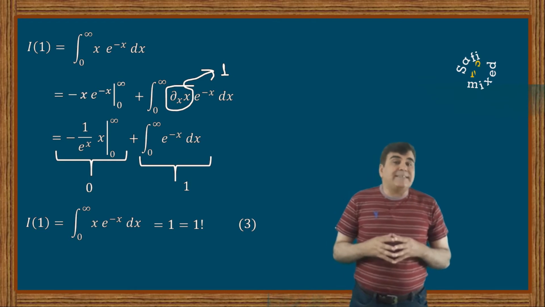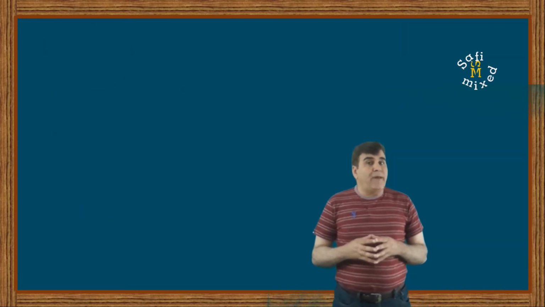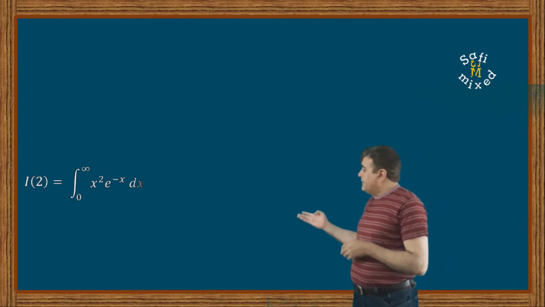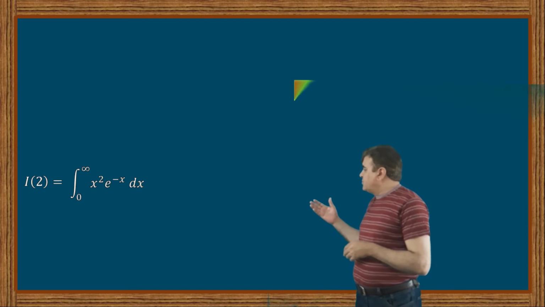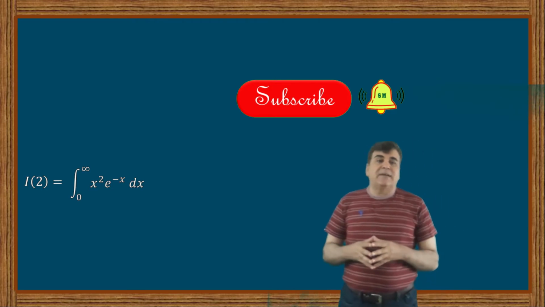Now let us iterate equation 1 for n equals 2. In that case, the integral can be written as I of 2 equals the integral from 0 to infinity x raised to the power 2 exponent of minus x dx.